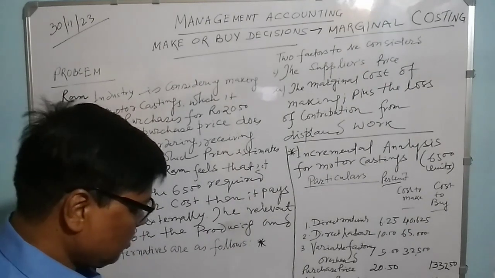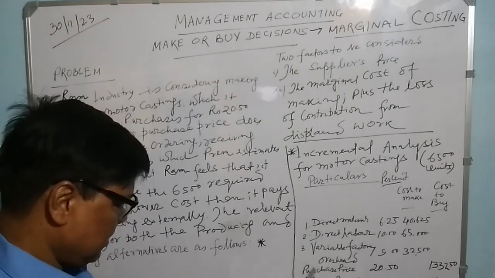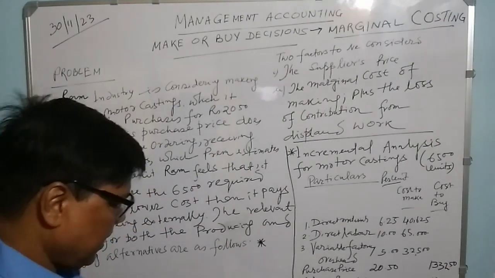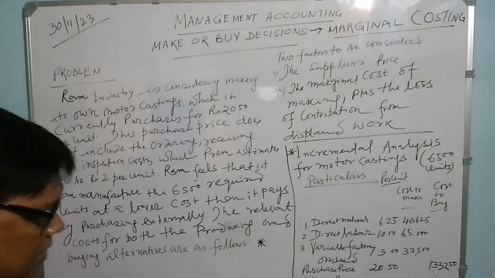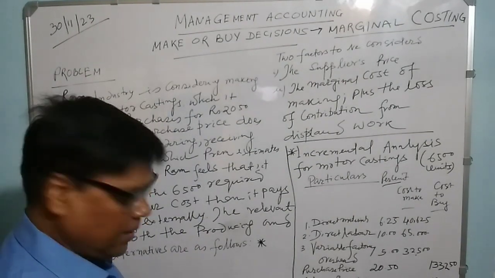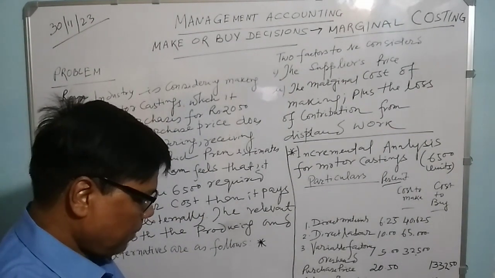So in case of buying from outside sources, apart from the purchase price, you will have to add your ordering, receiving and inspection costs, which is 2 rupees per unit.